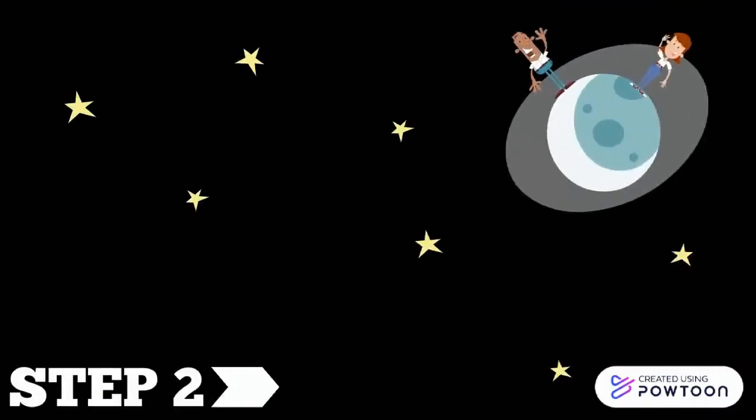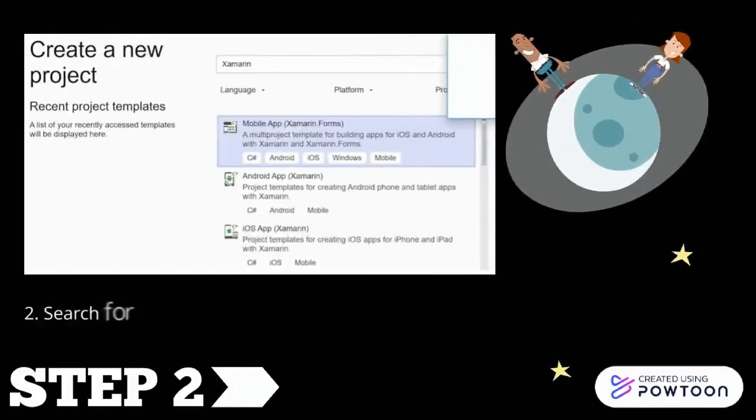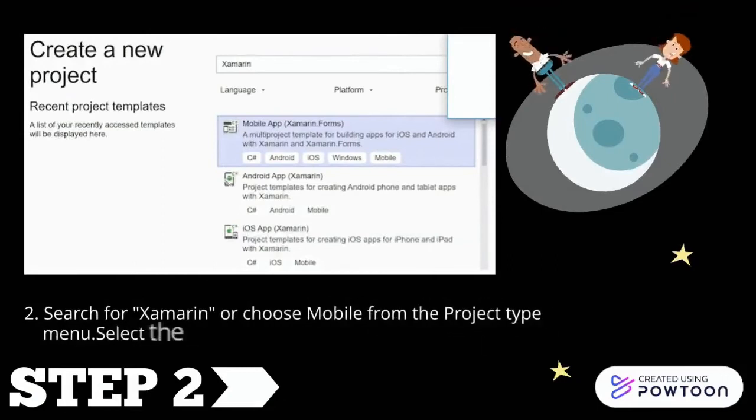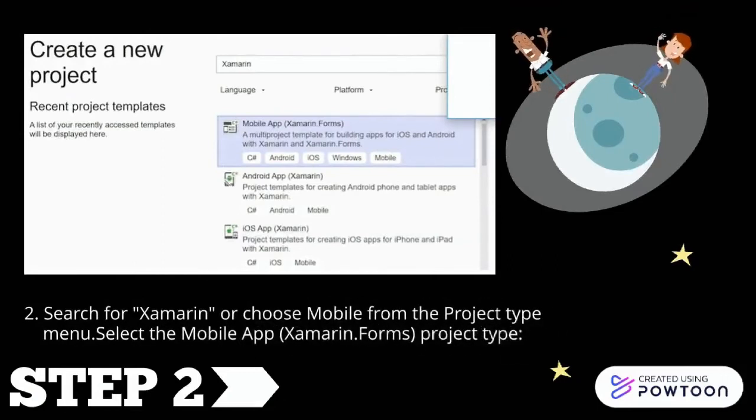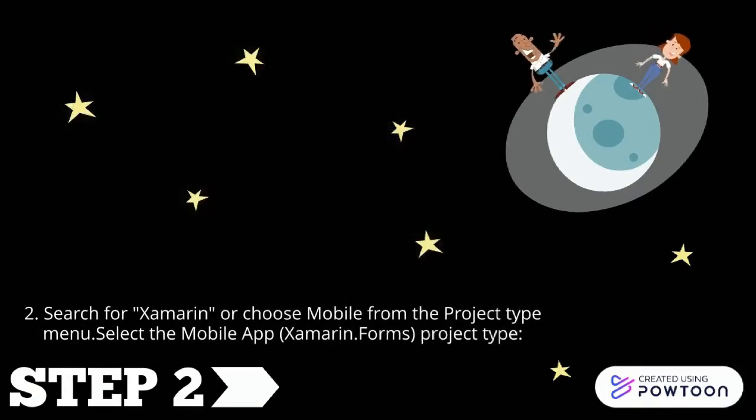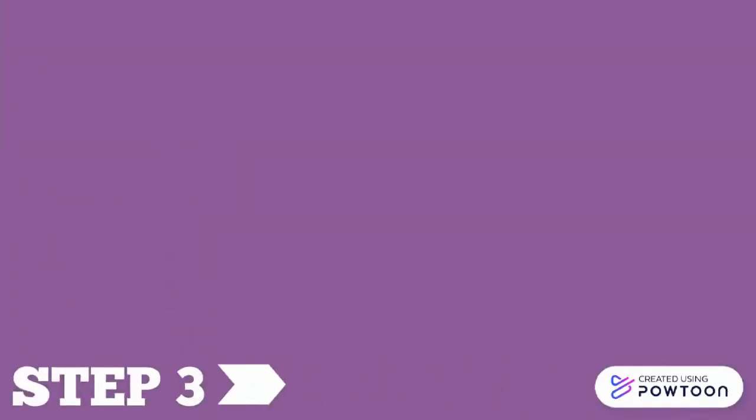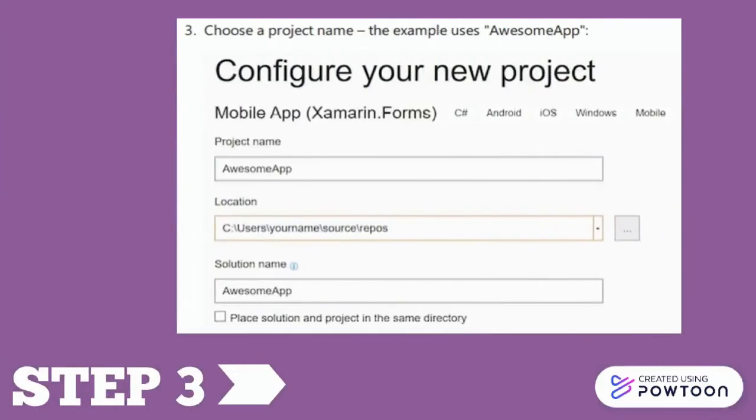Search for Xamarin or choose Mobile from the Project Type menu. Select the Mobile App Xamarin.Forms project type. Step 3. Choose a project name, for example, Awesome App.